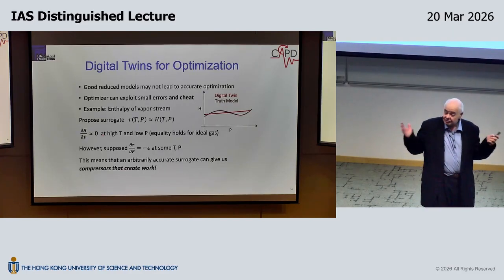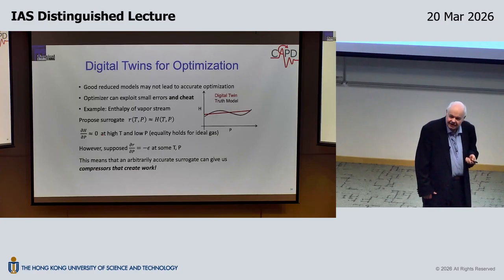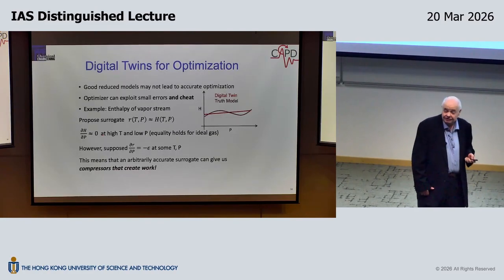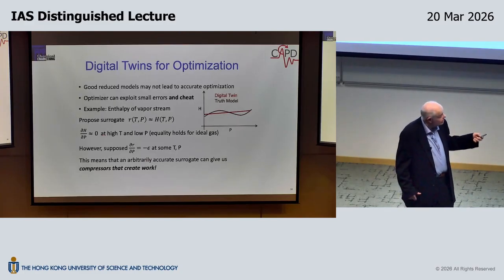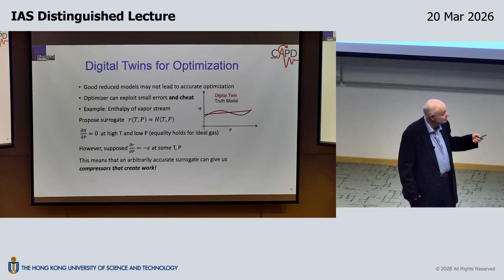From thermodynamics, you know that as the pressure goes up, the enthalpy goes up, but only by a slight amount. If you have an ideal gas, then the enthalpy is not affected by pressure at all. But if you have something like water, then yes, it's going to be affected a slight amount. Build this digital twin based on the data from the steam table, and it doesn't fit this model perfectly.